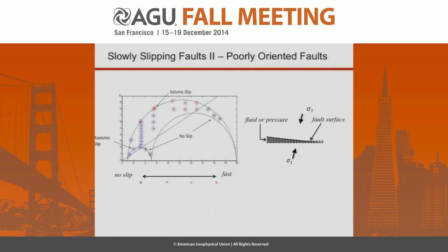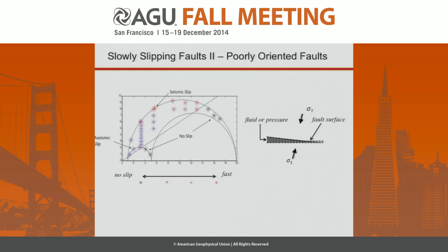When a poorly oriented fault slips, it can't propagate, say, at the shear velocity, which is what we need for seismic rupture. It can only propagate as fast as the fluid pressure can move along that fault. And therefore, even though the fault slips, even though that shearing might assist in production, it's not going to generate a seismic event. And it's the initiation of slip on poorly oriented faults that makes this whole process work.